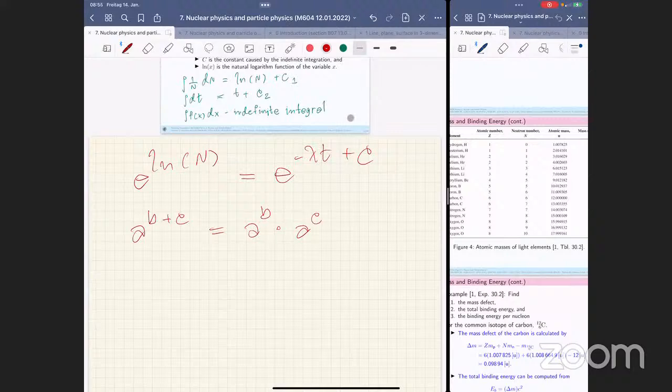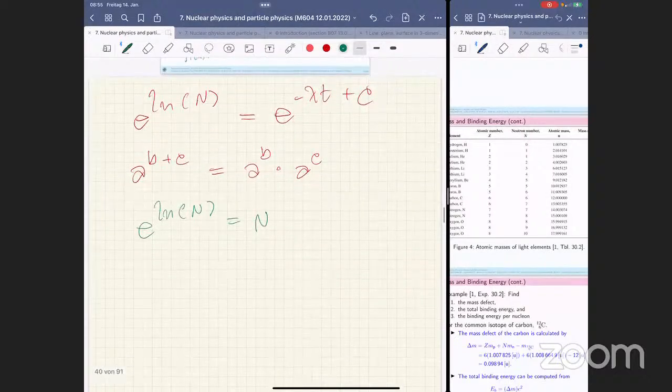Of course, on the left-hand side, the exponential of ln N will remain N. And the exponential of negative lambda t plus c will actually be the exponential of negative lambda t times the exponential of c.